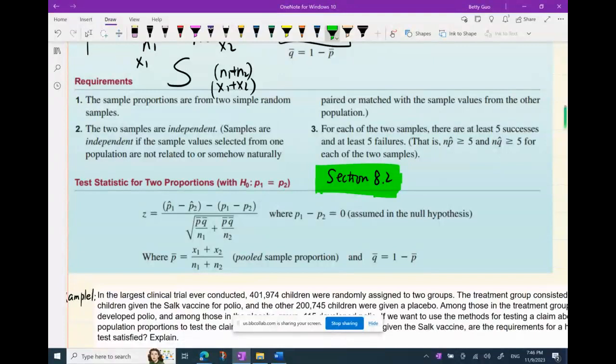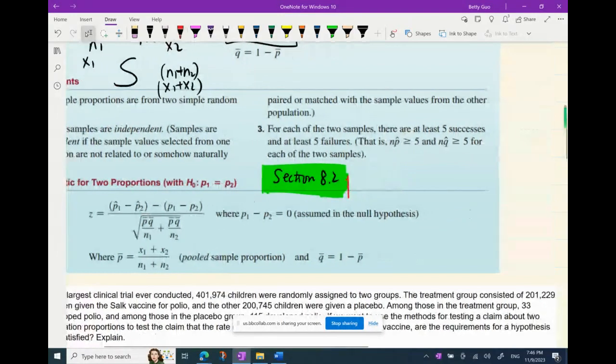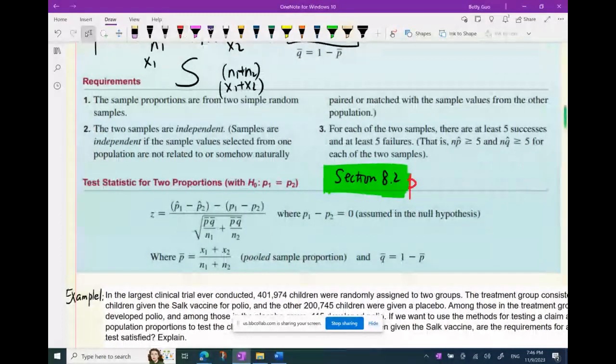In section 8.2, we tested a claim regarding a population proportion p. We only had one sample because we only had one population. The requirements for testing two proportions are very similar, basically the same thing.